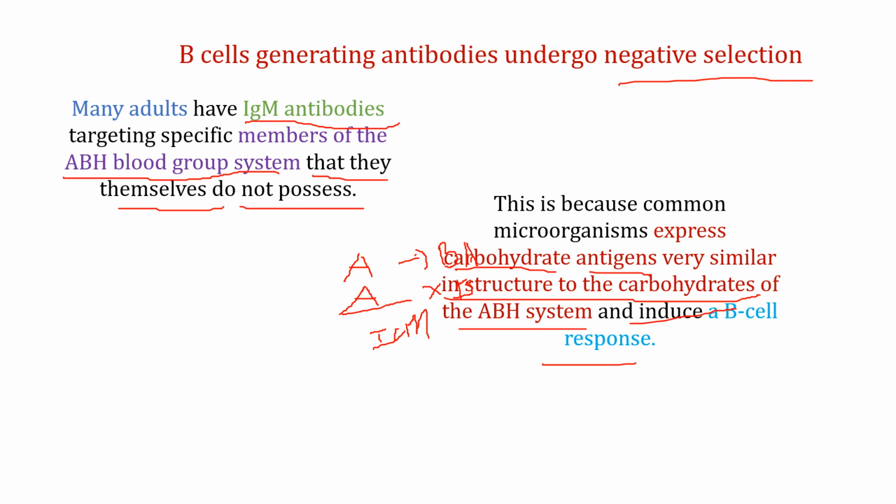So if microorganisms that have the A epitope on the surface enter the body, the body ignores this structure and treats it as a part of herself or individual cells.